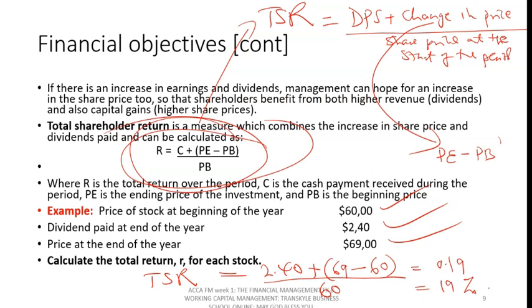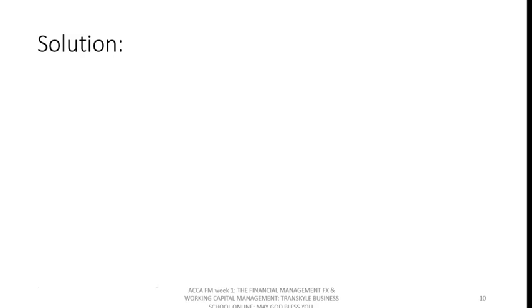It involves both the current return and the capital return. So in the exam, the examiner might ask you to determine the current return of the share, or on the investment. So what you do is you need to break up the TSR.